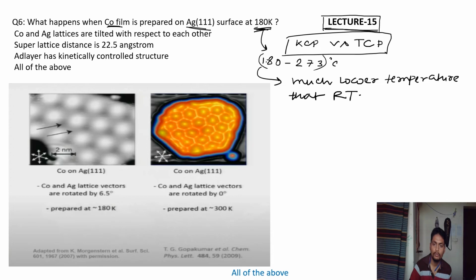So this is a very low temperature. At this low temperature, we already know that TCP cannot form. Obviously, KCP will form. From the previous discussion, we can say that. So the point, the adlayer has a kinetically controlled structure, is very true.